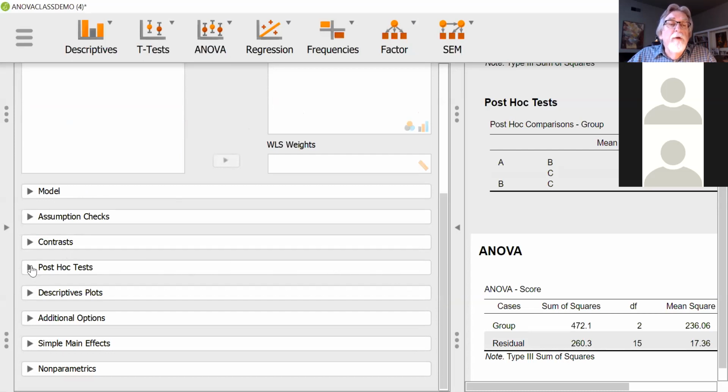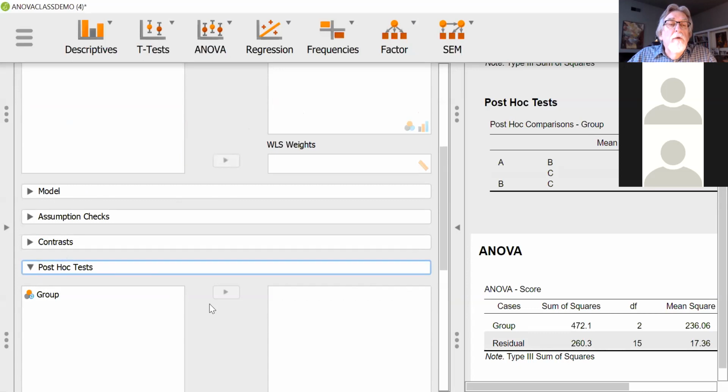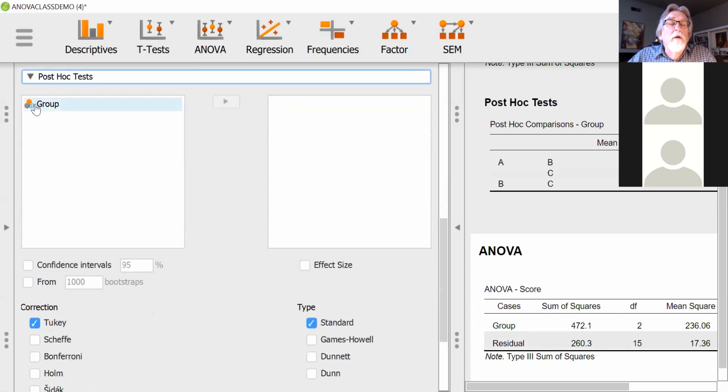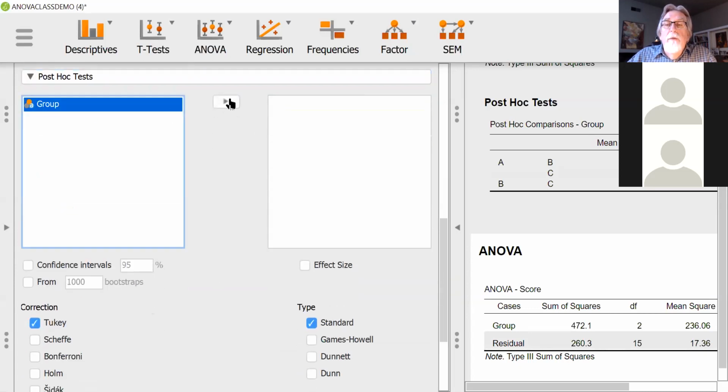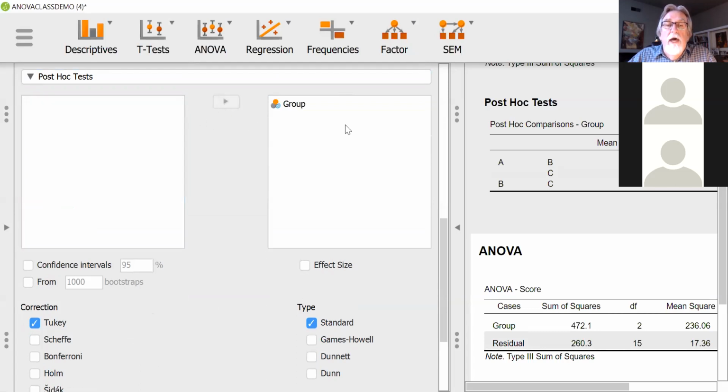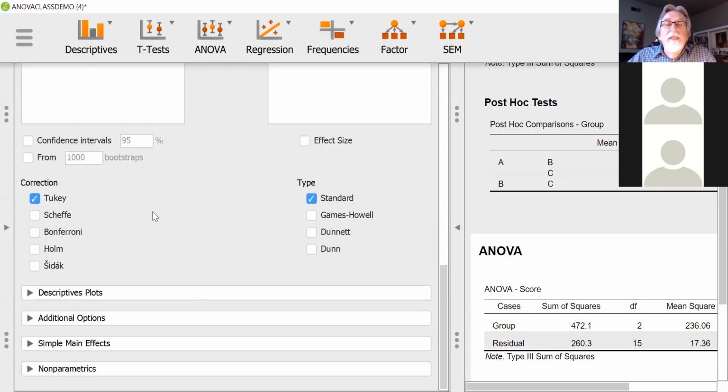Post hoc test, remember we need to do a post hoc test if there's a difference. So for this particular example, group is what I'm looking at to do the test on. I have to slide it over into the test. And I'm going to accept the default, the Tukey, which really assumes normality within the data set.